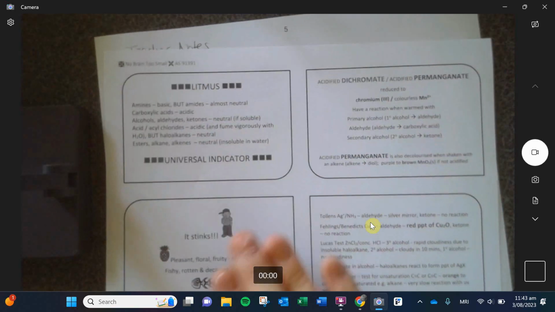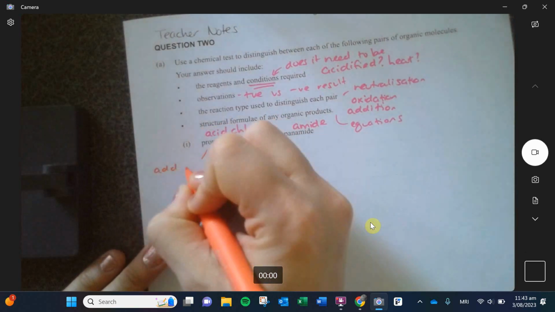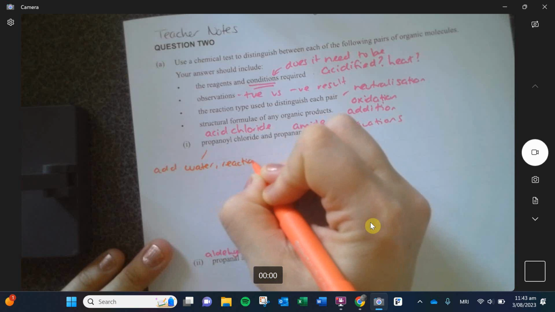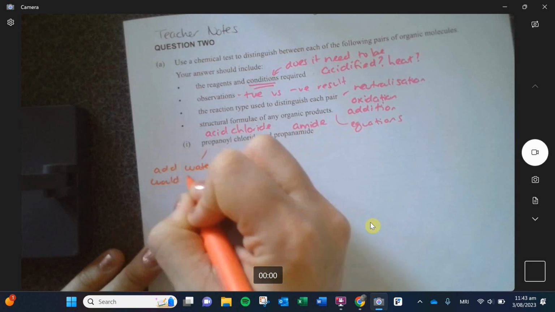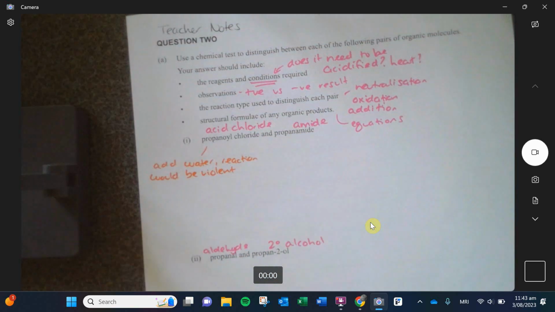So if I wanted to identify my acid chloride, I would add water and the reaction would be violent. So basically it would bubble up, it would release a lot of heat. It's quite an intense reaction. And that's how I would know if I added water to something, it would react that way.